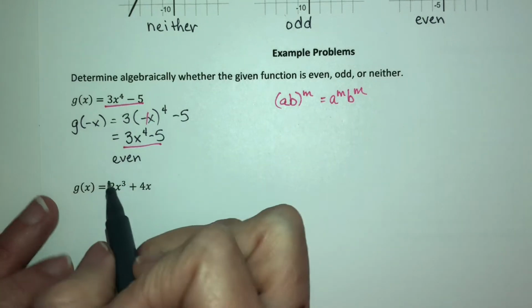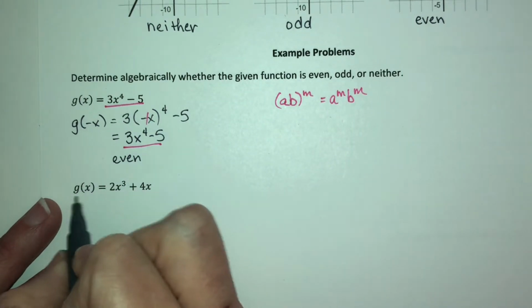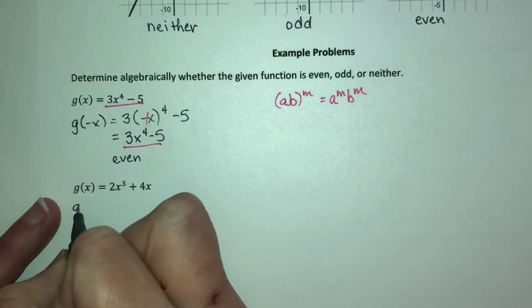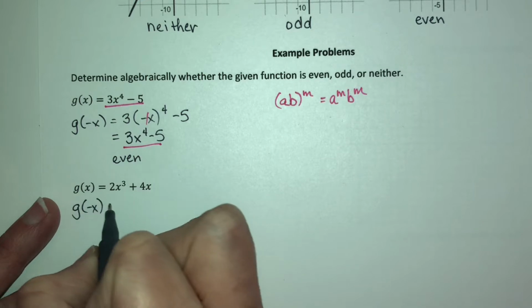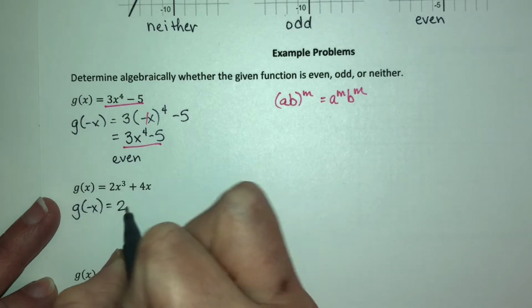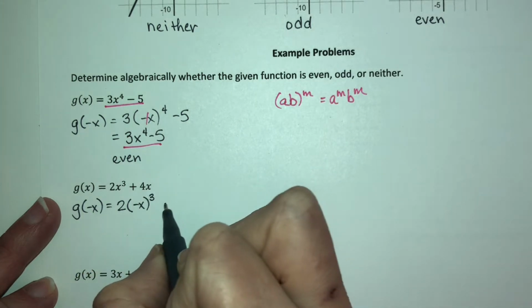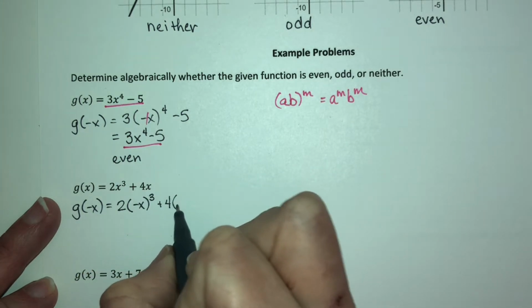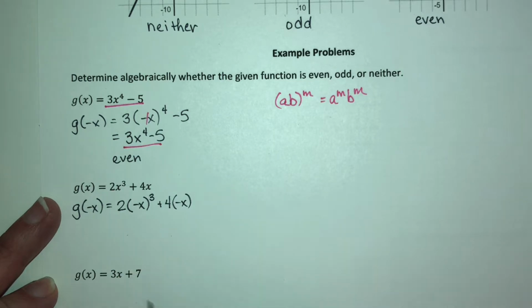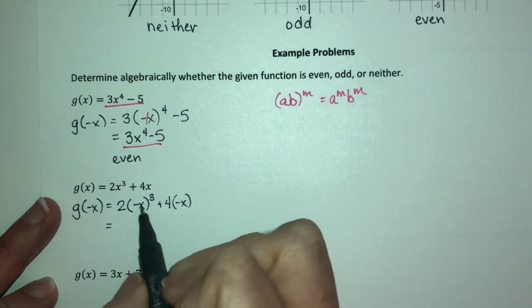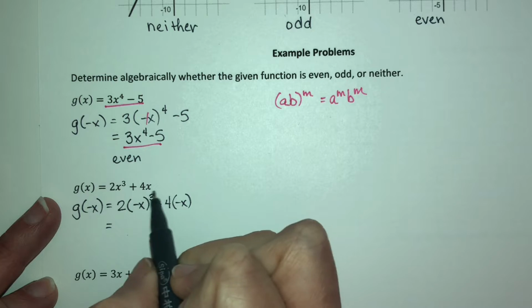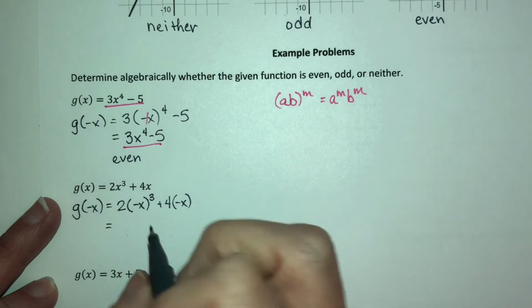So now do the same thing here. Plug in negative x, and we have 2 times negative x cubed plus 4 times negative x. When you raise a negative number to an odd exponent, it stays negative.